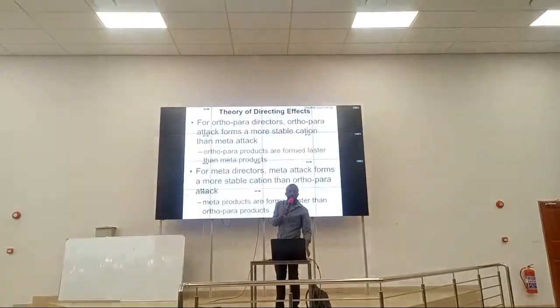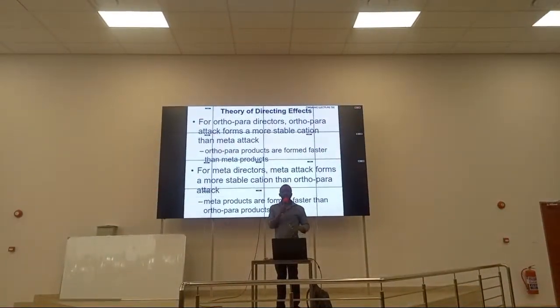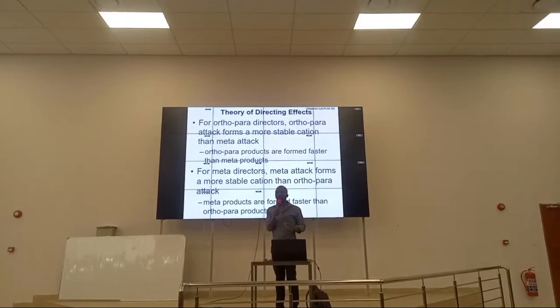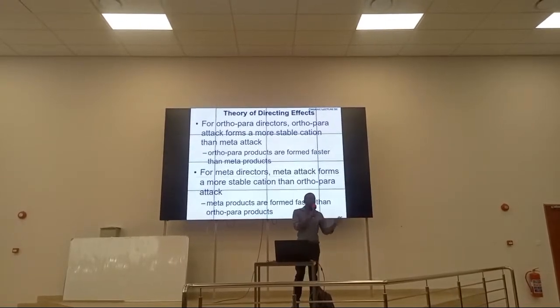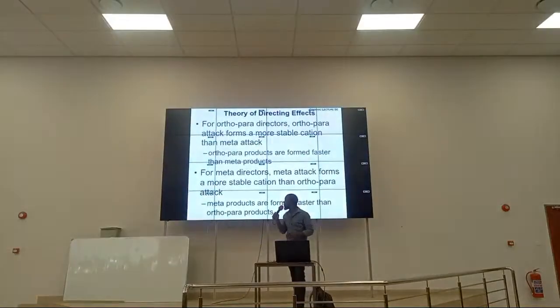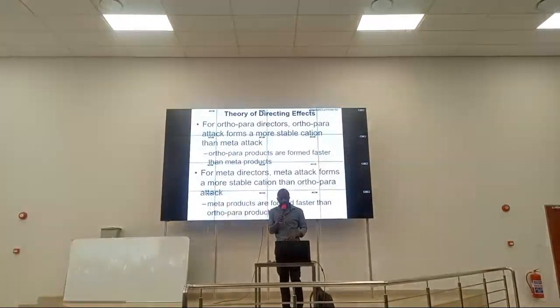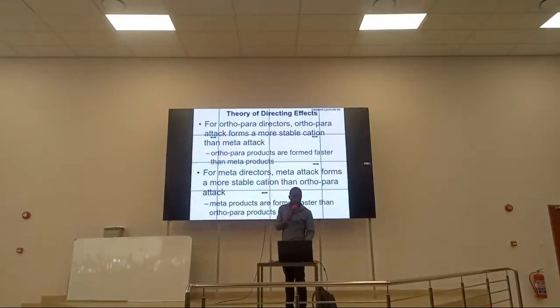We are going to see why. Okay, why should a more stable cation be obtained when a benzene ring is substituted with one substituent, but a less stable cation is obtained when benzene is substituted with another substituent?